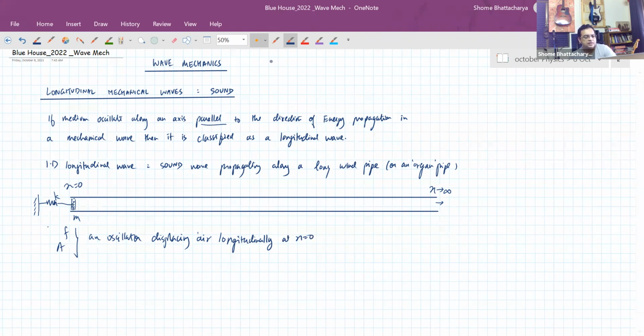So what happens is that as this oscillator goes back and forth like this, it displaces the air also back and forth like this.